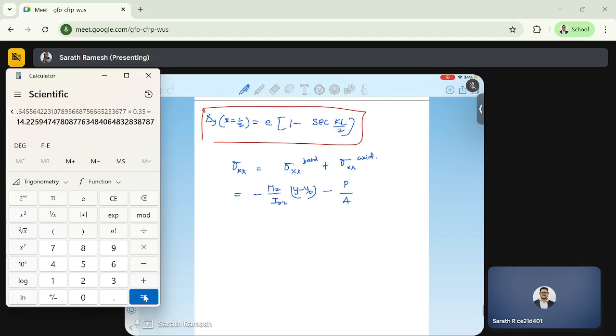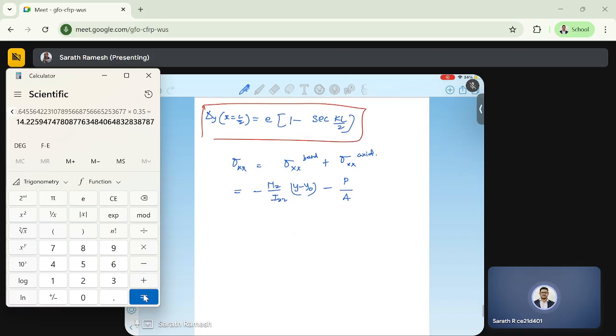When we substitute the value of y and the value of Mz as Pe, and take P by A common, finally we will end up with P by A times 1 plus e by r square, I can write A into r square, times yc max, the extreme fiber, times cos kx plus tan KL by 2 sin kx plus 1.